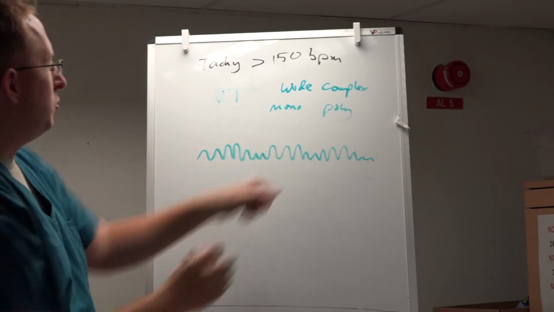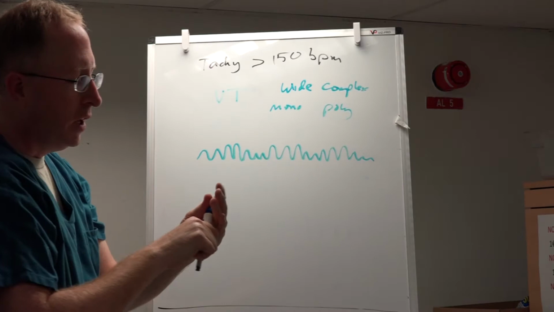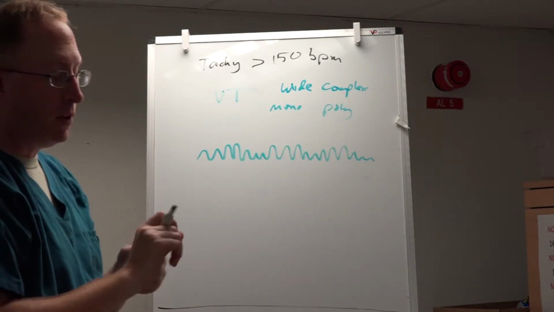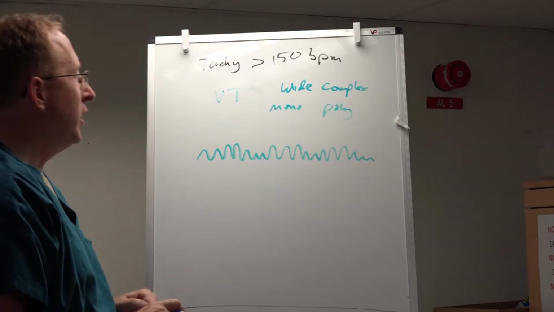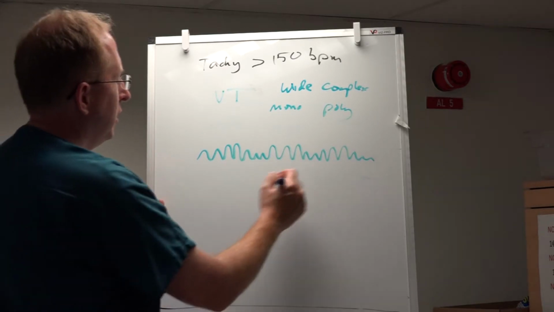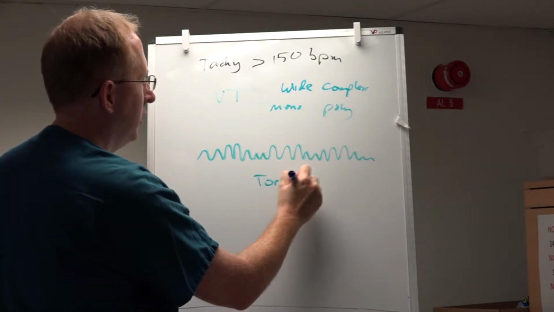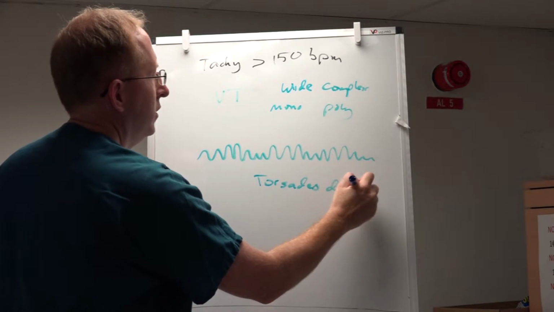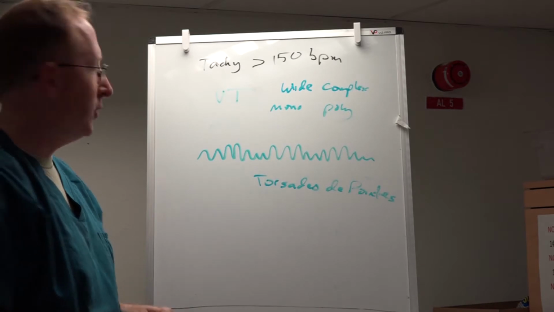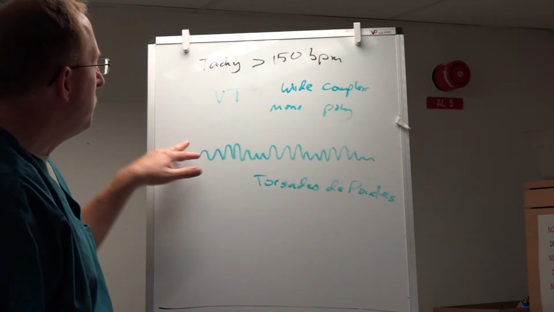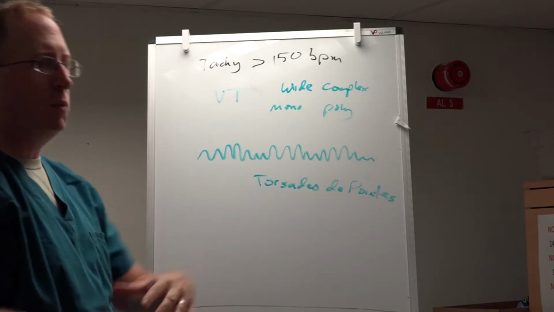Kind of like an undulating pattern where it gets kind of big and then little and then big and then little. Historically, that's been one of the trick questions on ACLS. They'll say polymorphic VTAC. That means torsades de pointes. That's French. Torsades de pointes is a polymorphic wide complex ventricular tachycardia, and the treatment for that is magnesium.